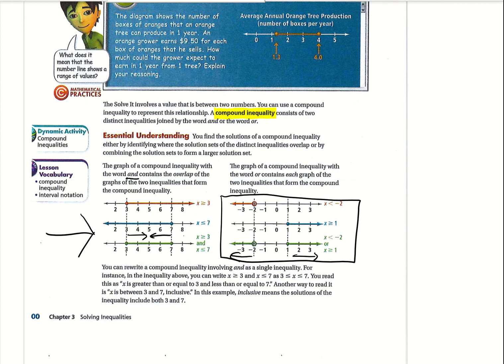The second, blue graph is x is greater than or equal to 1. And the final graph at the bottom, the green one, is the combination of the two. So we have x is less than -2 or greater than or equal to 1. So there's a couple of examples of what those look like.